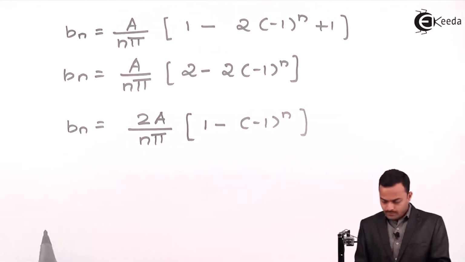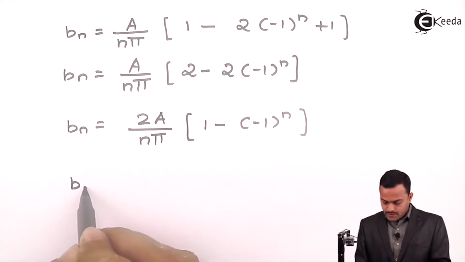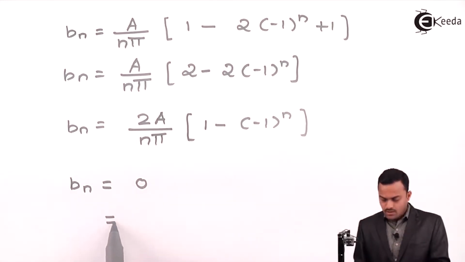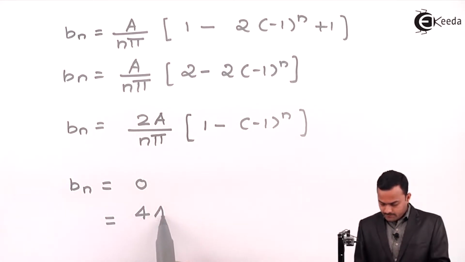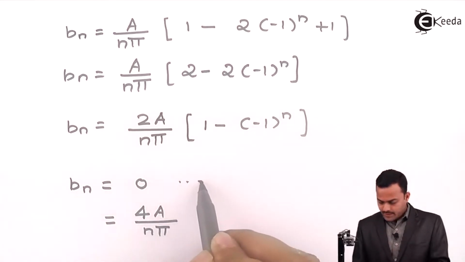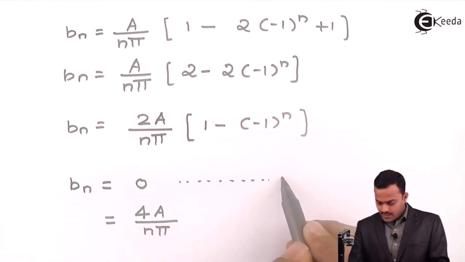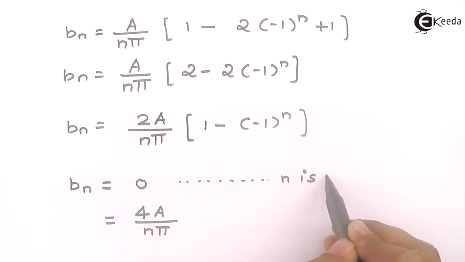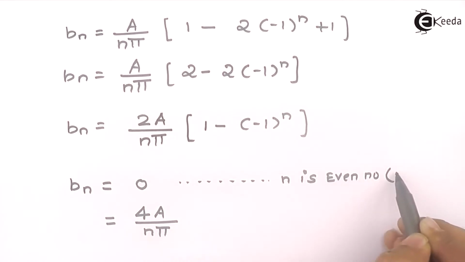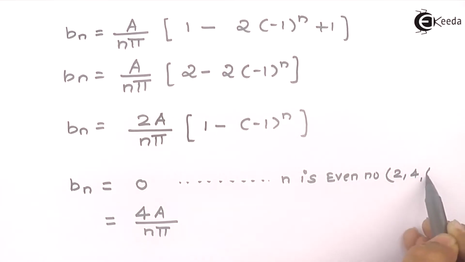So what I can do, I can write Bn as 0 and Bn as 4a upon n pi. But I'm getting Bn as 0 if n is even number, meaning 2, 4, 6 likewise.